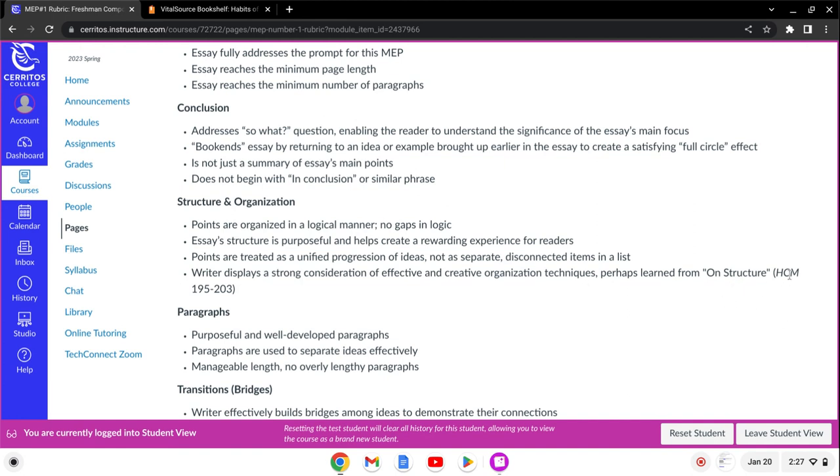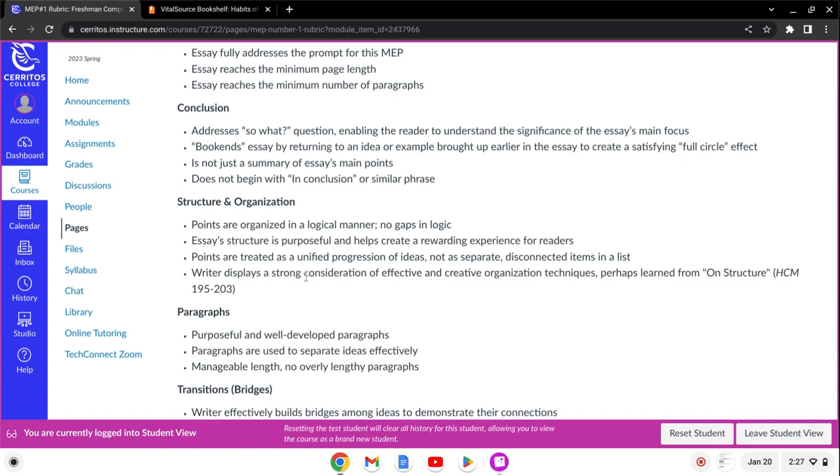So in Habits of the Creative Mind, that essay is on page 195 through 203. So we'll be reading that in week 4. But in that section, Miller and Jurecic, the authors of Habits of the Creative Mind, they talk about different strategies for creating an effective structure or organization for our essays.